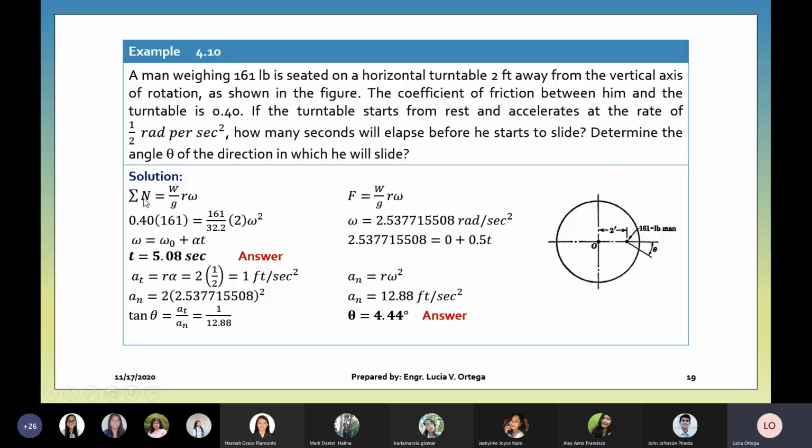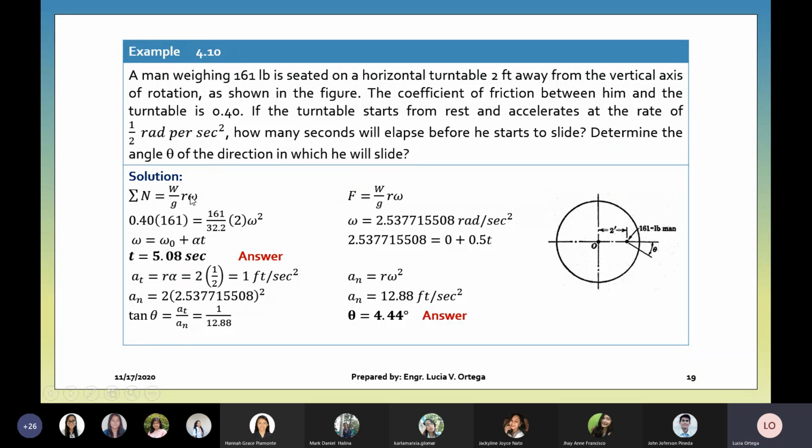Summation of the normal force acting is equal to W over g times RW. So that is normal to the motion, the rotation, is 0.4, the friction, times the force, of course, is the 161 pounds, the weight of the man, is equal to W over g times RW squared.